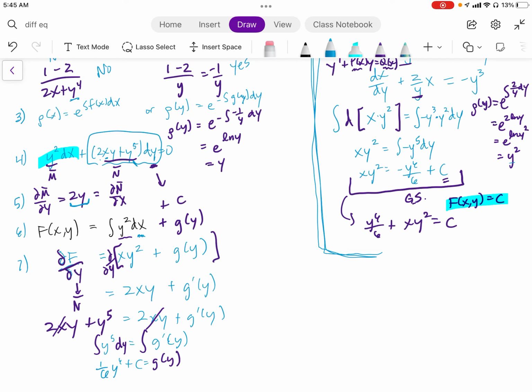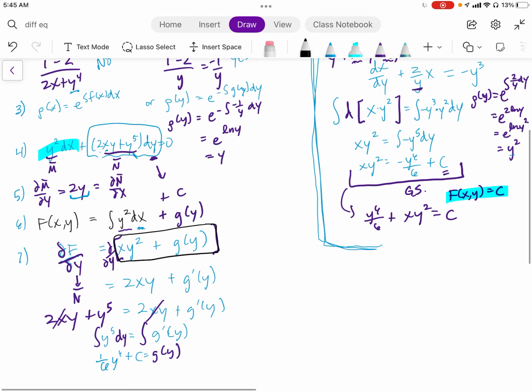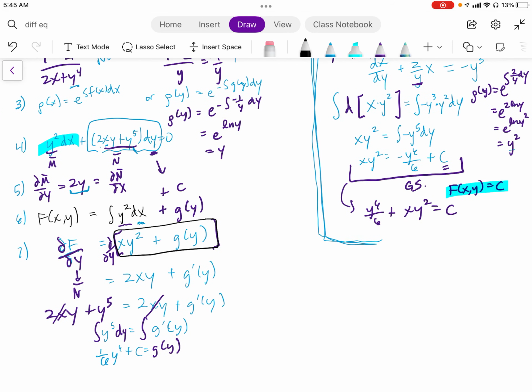And why is that important? Because we had our function f above. I should have written this as another line, but remember f was this, xy squared plus g of y. So our function of xy is that, xy squared plus g of y.